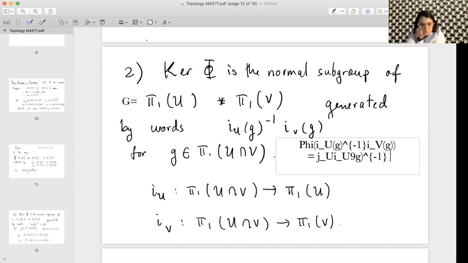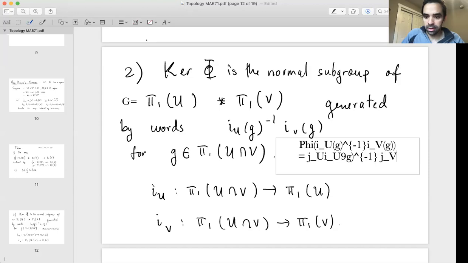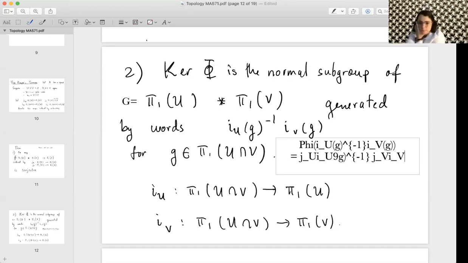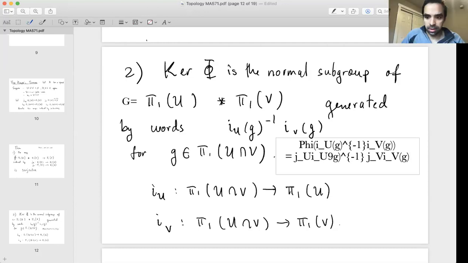Times j_V, i_V, g. Correct? You just apply the corresponding j's to every term in that word.